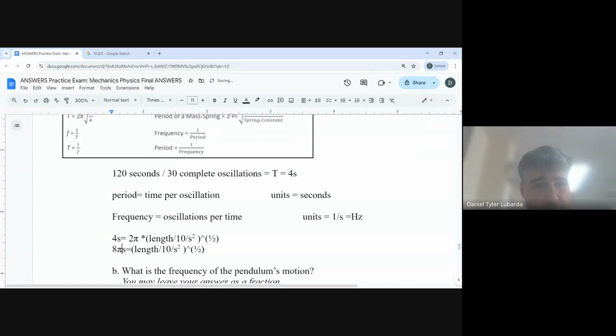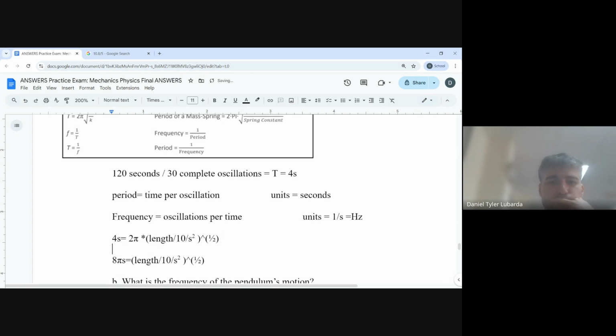So 8 pi s is equal to that. And let's square both sides. Now, when you square both sides, you might have to worry about a positive and a negative result for our square root, but we don't have to because we're not going to have a negative pendulum length. I don't even know what that would mean.